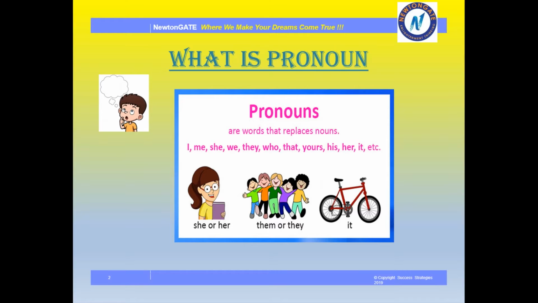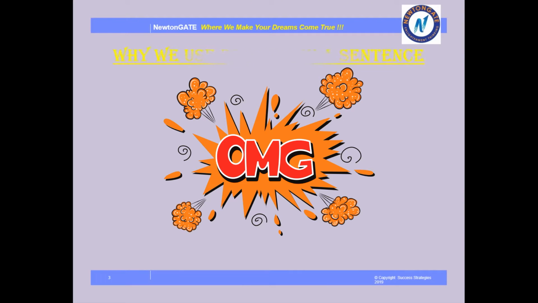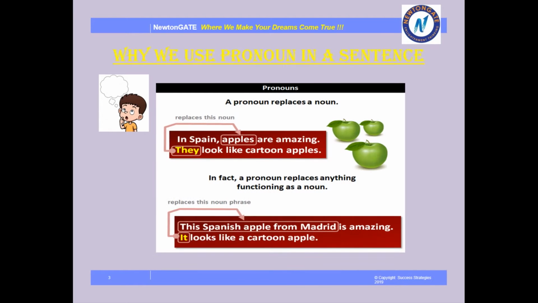Like Rita dances well and she is a very good girl. So this is the main thing of a pronoun. There is no need to use the name 100 times. We can use pronouns in a sentence instead of nouns.